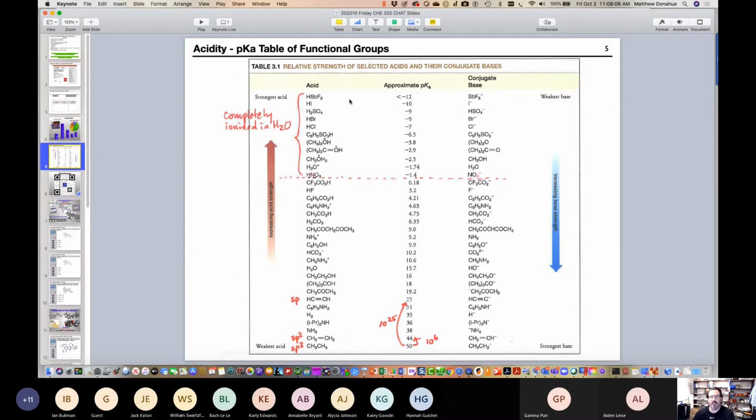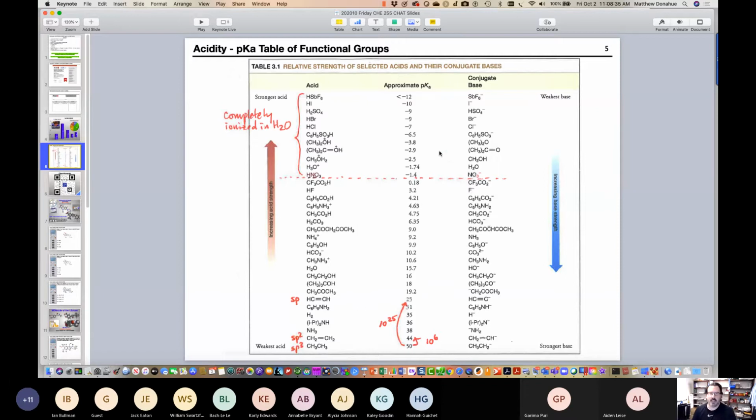For example, this species here that has a pKa of -12 is a very strong acid, but a very weak conjugate base. On the flip side, this sp3 hybridized carbon-H bond is a very weak acid, but its conjugate base is the strongest conjugate base on the scale. Qualitatively, you should be able to understand that difference.